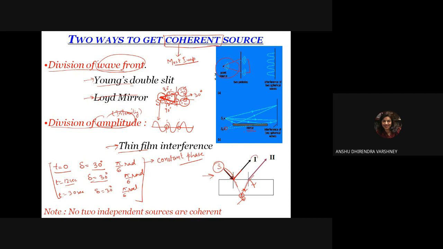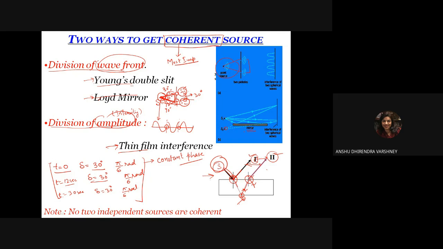So basically the intensity of the first and the second ray, which are otherwise moving in the same direction, their amplitude or intensity are not the same. So what we did, we divided the amplitude. But because both rays have come from the same source, both are coherent, but their amplitudes and intensities are not equal.